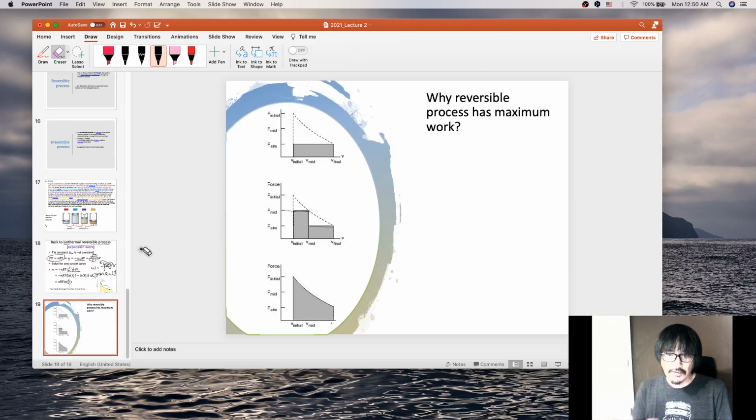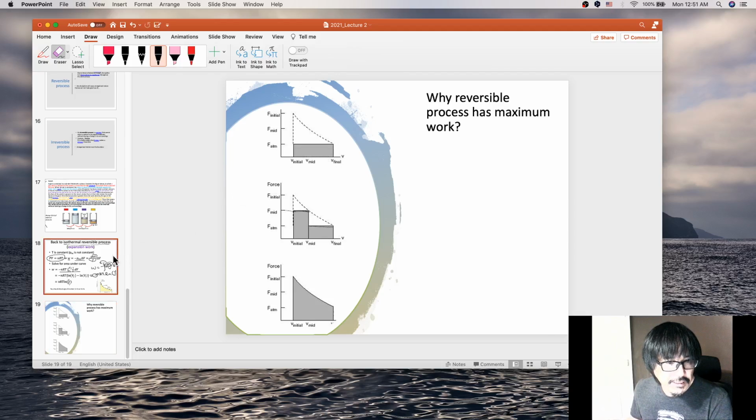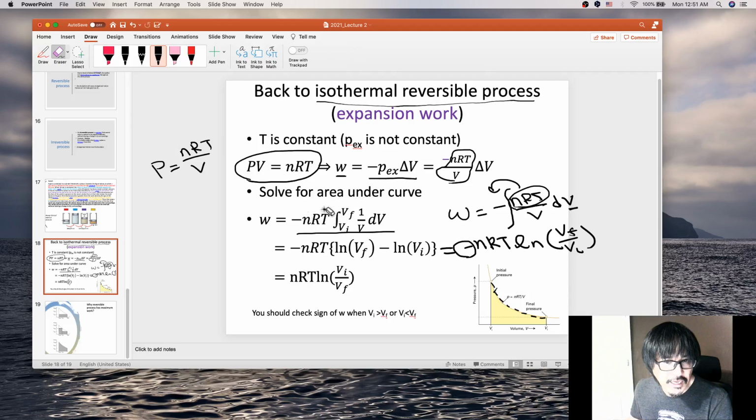So now, the final point about this isothermal reversible expansion is what the work is compared to the work against a constant pressure. From the beginning to the end, we have one constant external pressure. Remember that the integration is the area under the curve, right?